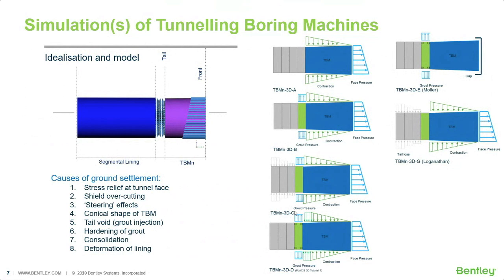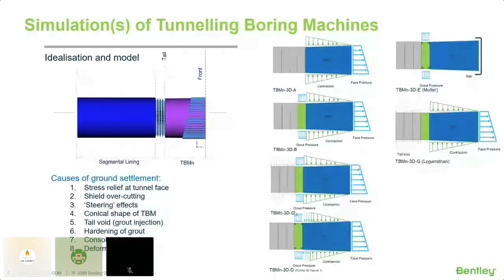But researchers and numerical modelers have developed 3D finite element models that take into account all relevant components of a tunnel construction process, such as the face pressure, TBM conicity, grout pressure, installation of the lining, and jack forces, etc. So in the figure you can see that we have 6 different TBM and 3D models.